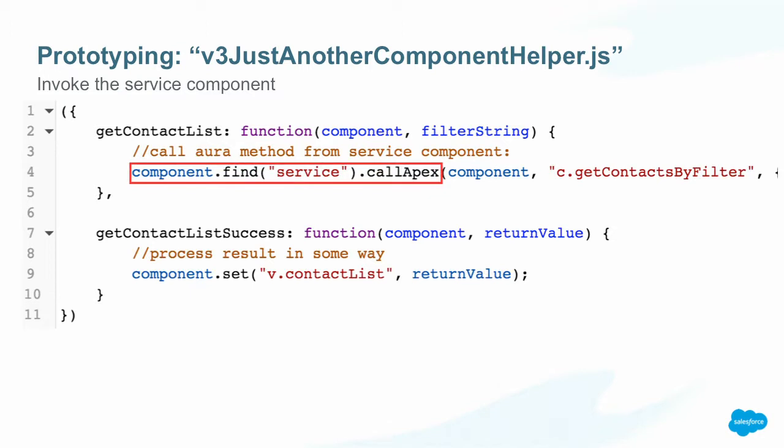So I use component.find, and because I defined an Aura method, I can directly use callApex here, because that's the name of the Aura method, and pass in all the parameters. So I need component, the filter, the name, the parameters, and my callback. The callback would be, again, getContactListSuccess.